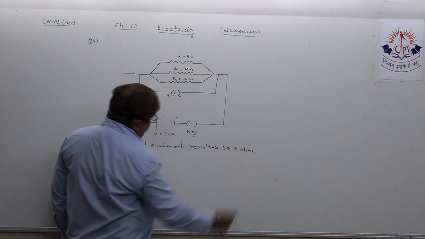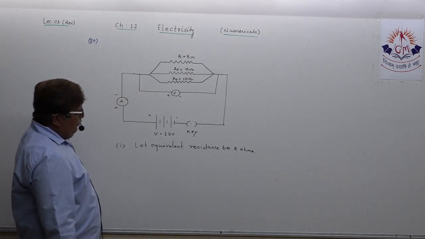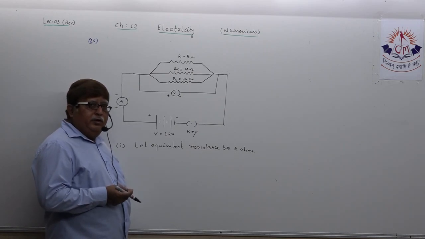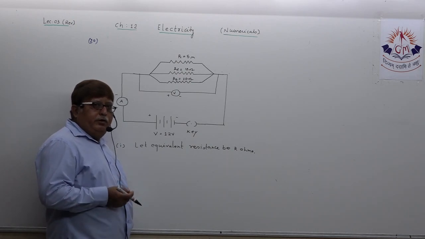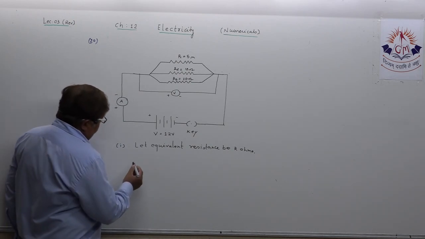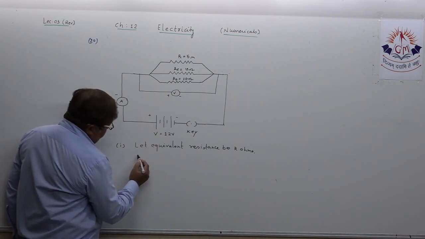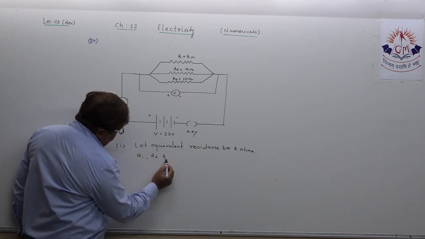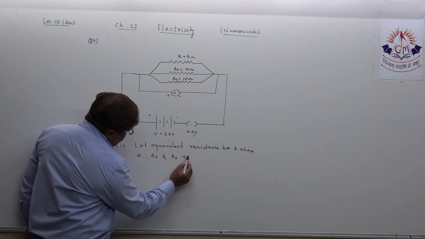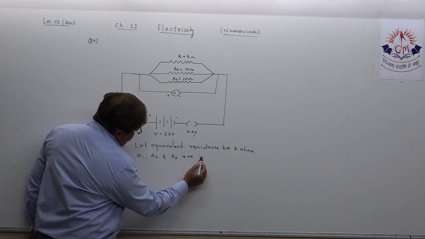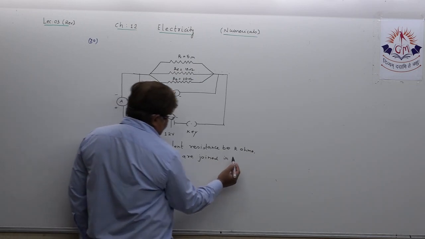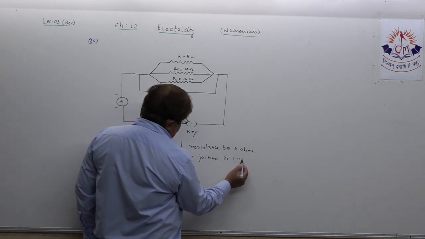You need to mention this. Just now we are doing so many numericals, but in the board exam you may be asked one numerical, so you have to be very schematic in that also. And then R1, R2 and R3 are joined in parallel. This you need to mention.